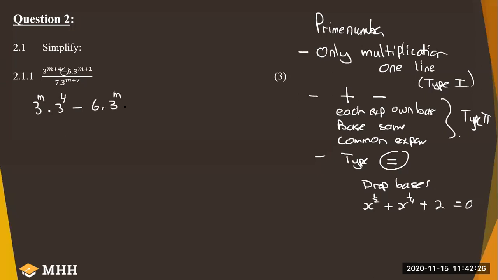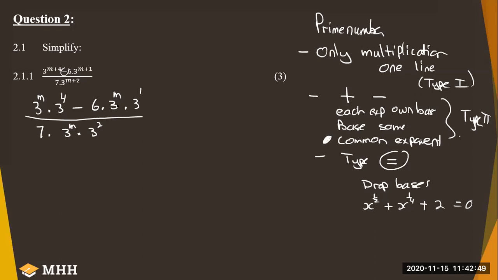3 to the power of m times 3 to the power of 1. Okay, then the concept with this is to try and look for the common exponent. Let me write neater here. The common exponent.